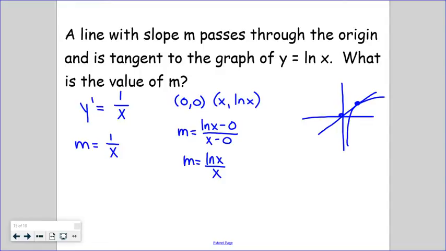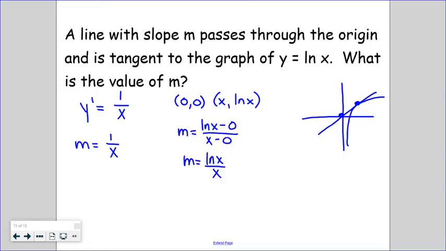Okay. But now at this point, I've run into two equations that have two variables, yes? And that's what we need if I have two variables is a system, right? I've got a system of equations. I've got one equation over here, and one over here, both of which have x and m in them.